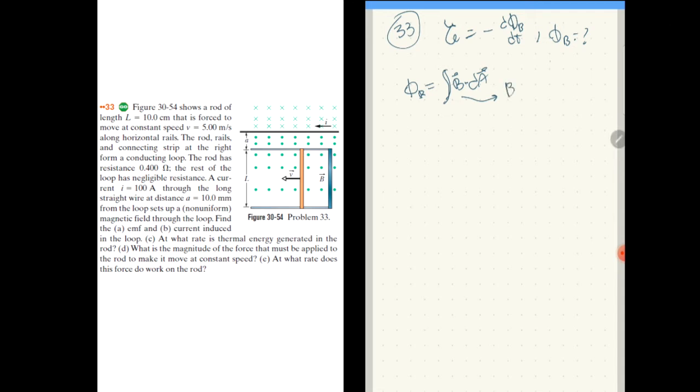The B field generated by a linear wire of current equals the magnetic permeability times the current passing through the wire divided by 2 pi, the radial distance from the wire, and is in the radial direction. So this is the expression for the magnetic field.